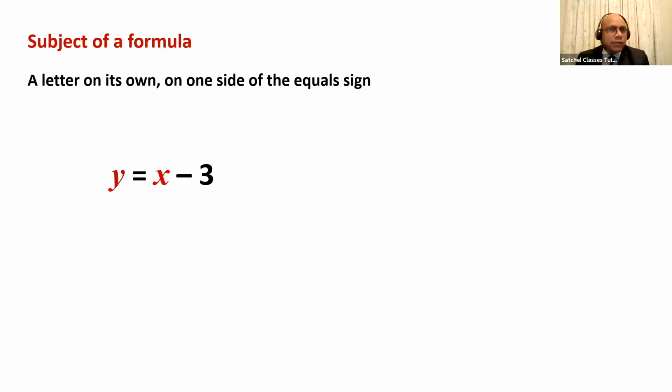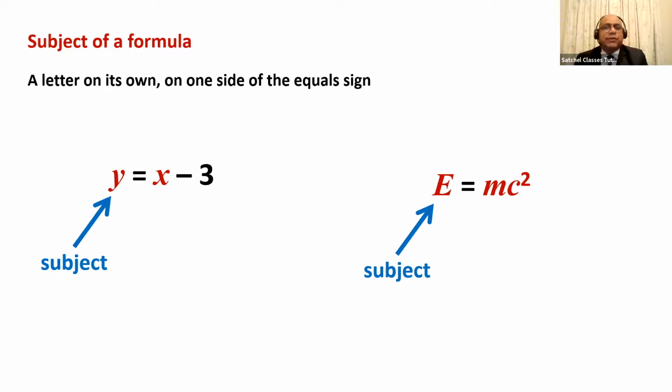That's y, right? So y is the subject of this particular formula. What about E equals mc squared, the famous formula? Which letter is on its own on one side of the equal to sign? In this case, it is E. So that is the subject of the formula.